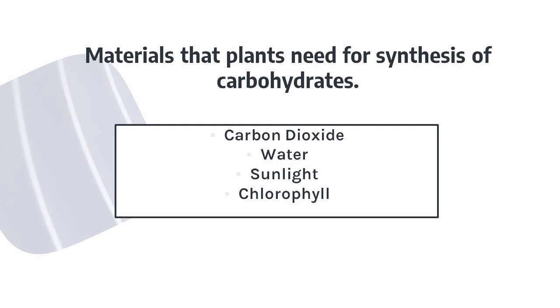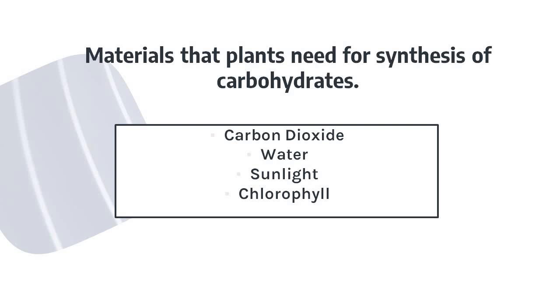Now let's see how plants synthesize their own food. Plants intake inorganic carbon sources like carbon dioxide and convert them into carbohydrates. Is it only carbon dioxide needed for the synthesis of carbohydrates?